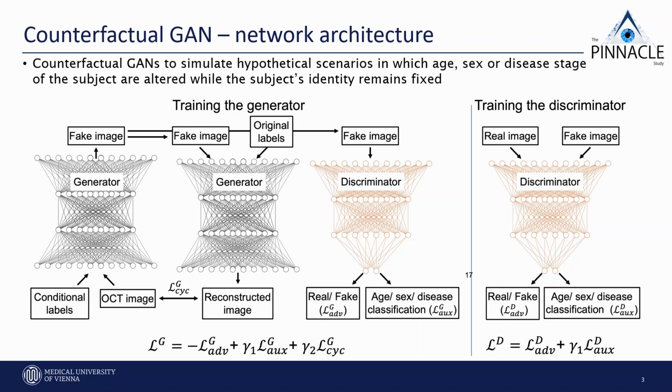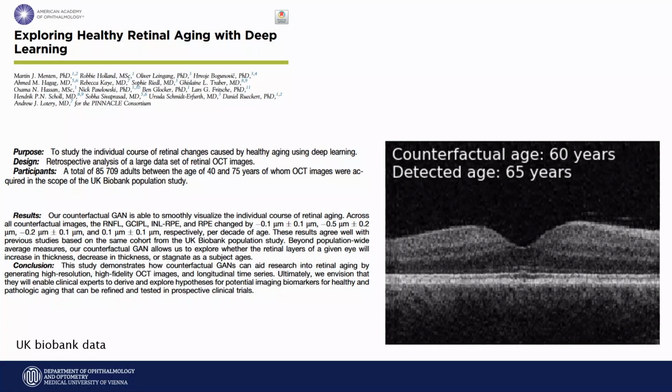I show you here the network architecture of counterfactual GANs that we used in the study on 85,000 images of healthy adults to make retinas on an individual level age or become younger. So this is in healthy disease where there are little features of disease present, a very distinguished task.